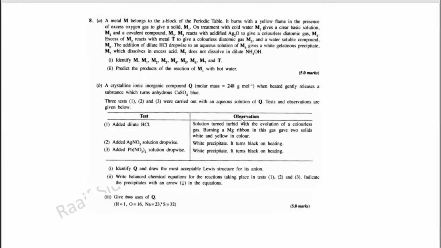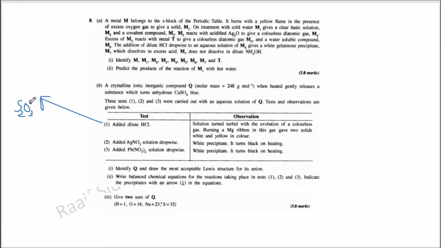So think about this. At this point, it should be familiar to you what this anionic compound is, because when you add dilute acid, for example, we know there are many compounds like carbonates, bicarbonates, nitrites, sulfides, sulfites, all of which give gases, true, but only one compound gives a turbidity plus a gas.